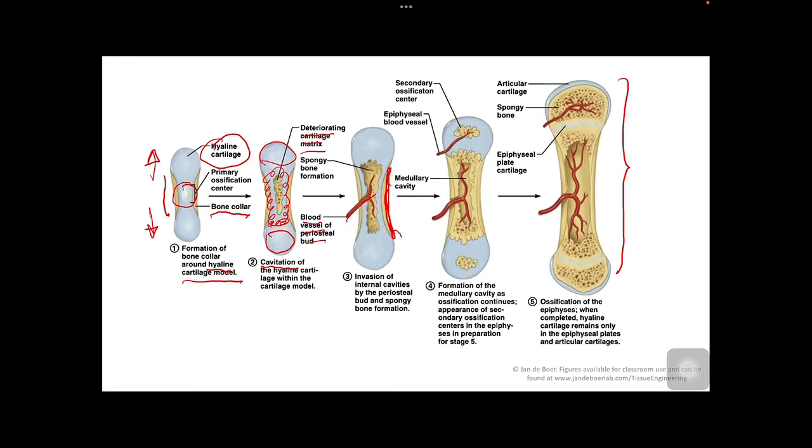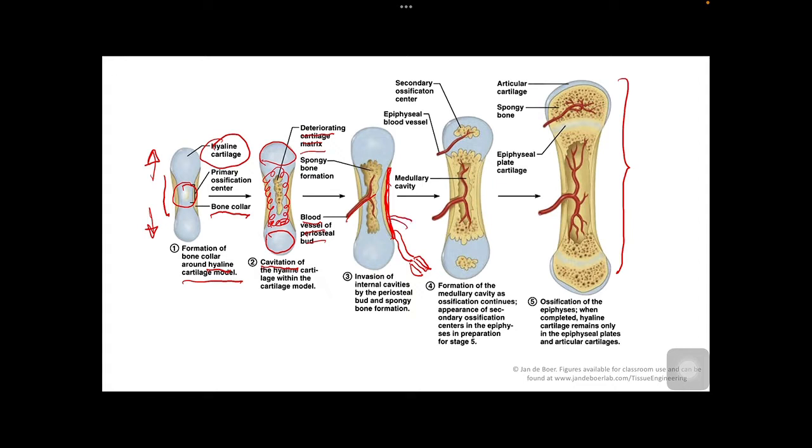The periosteum is where, for example, if you have a tendon, it's going to be connected with the muscle, right? Or if we talk about ligaments as well, ligaments and tendons are basically connected to the periosteum.